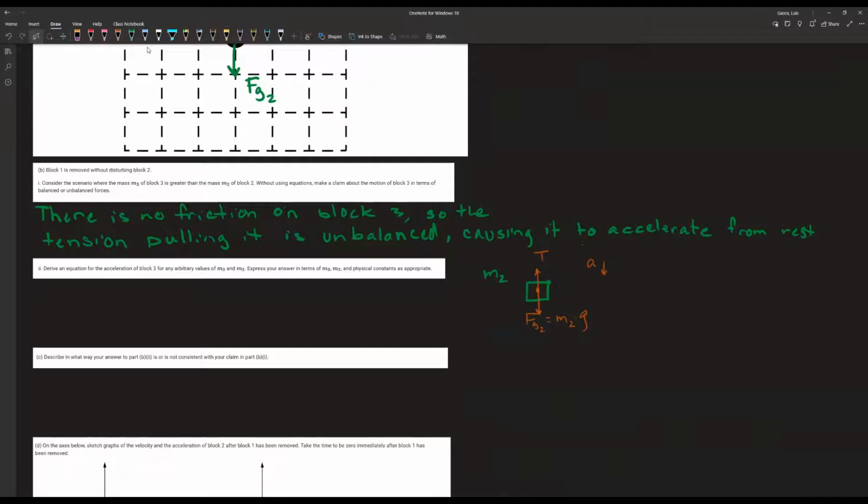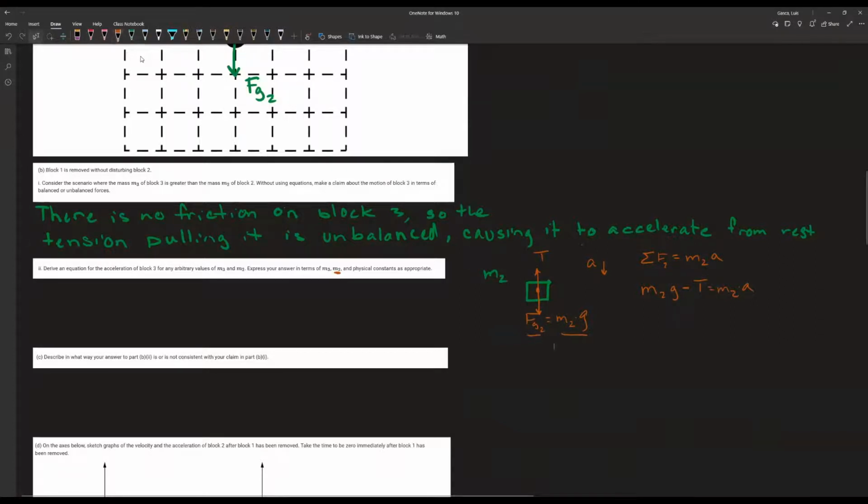And we're going to say it accelerates down. So when we make the equation for this using Newton's second law, the sum of the forces on block 2 will be M2G minus the tension equals M2 times A. And in this scenario, we could have left it as this, but they really want us to use these variables. So that's why I made this substitution here.